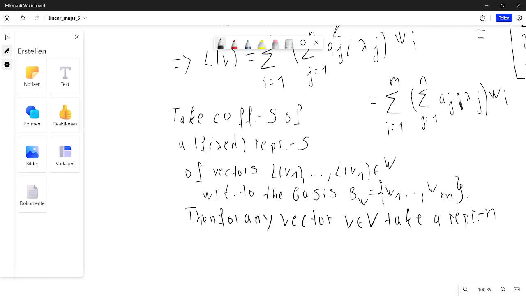Take a representation of v with respect to the basis B_V of V.